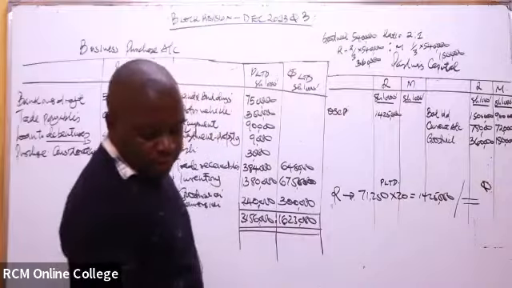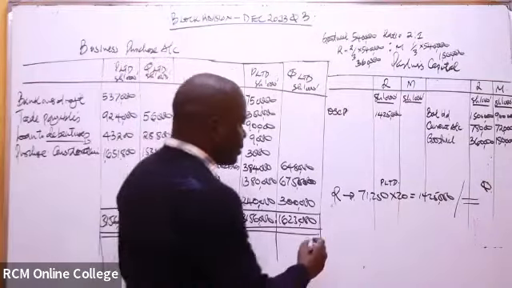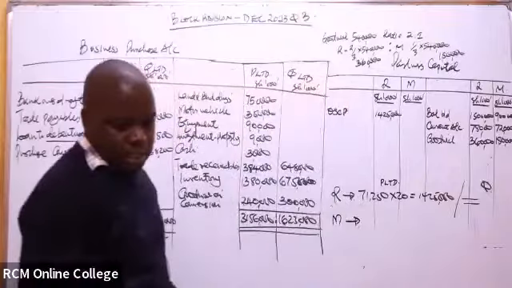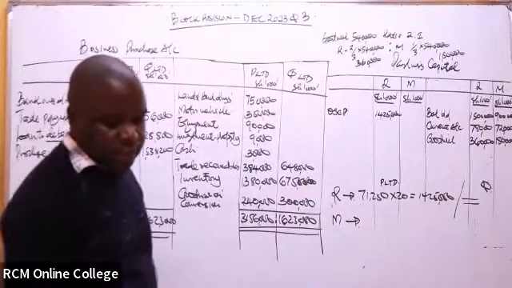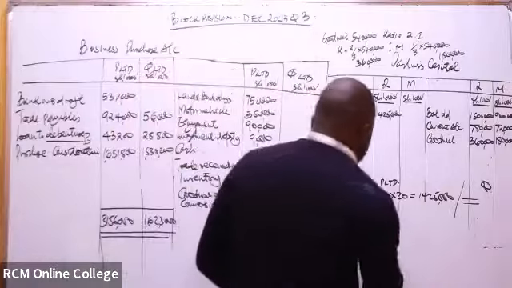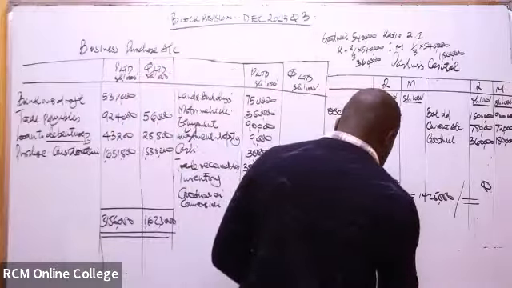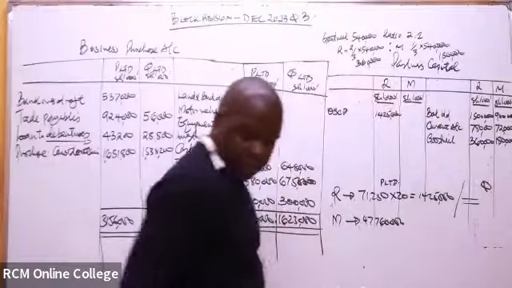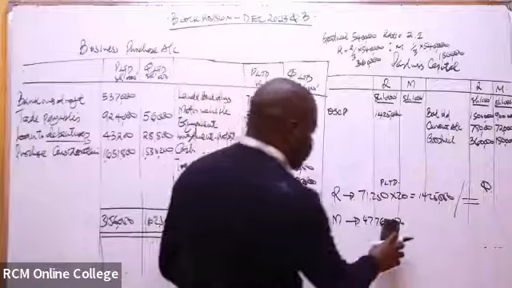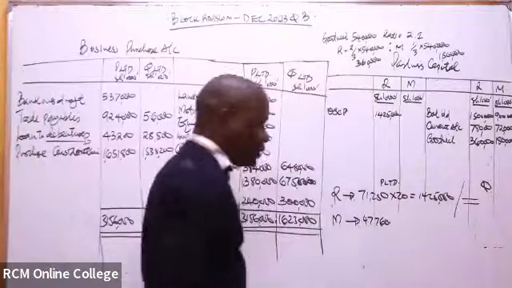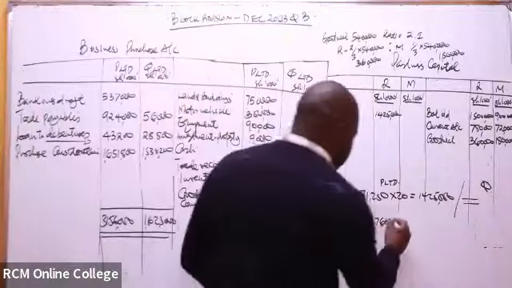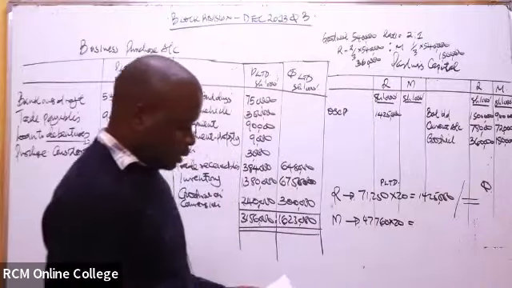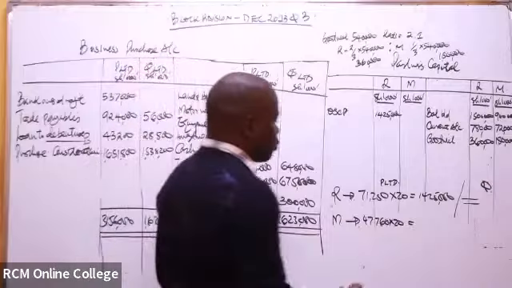Then you are told this other person, M, took over 47,760,000 shares. So we have 47,760, and we multiply by 20. You'll get 955,200.